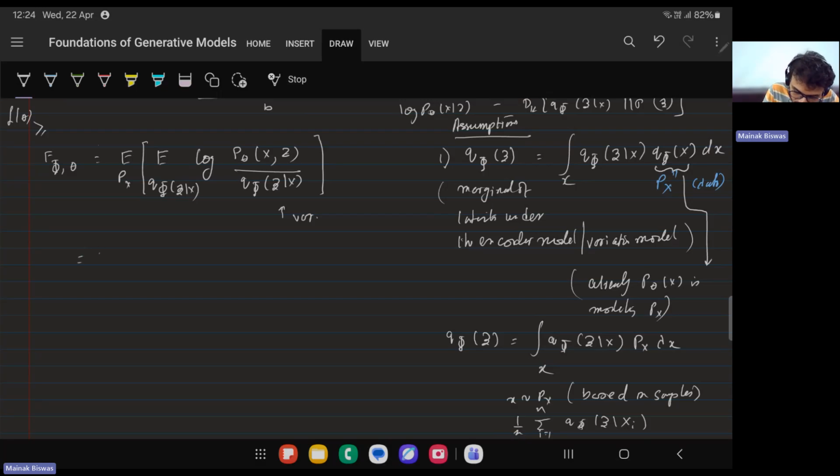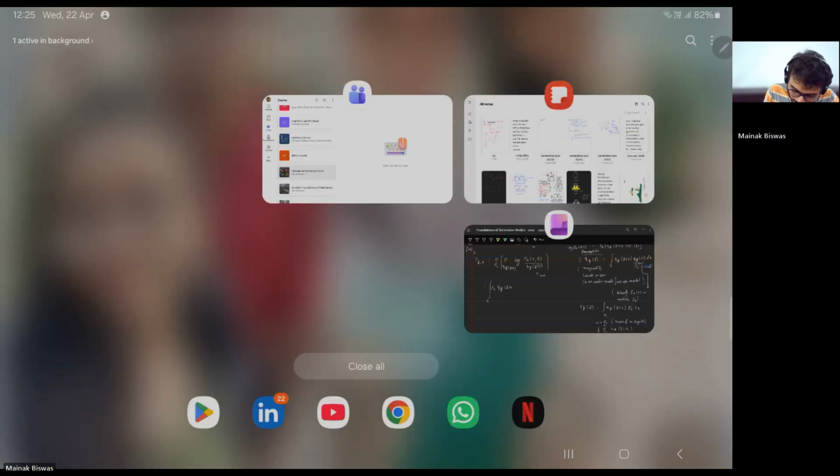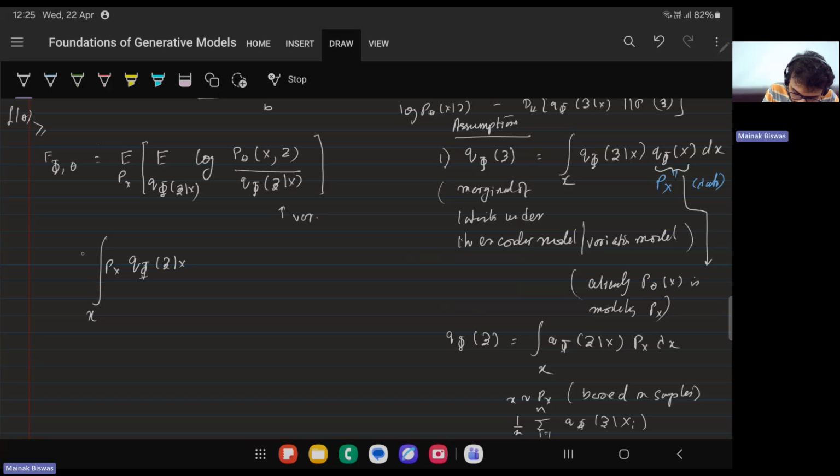So we want this to be the expected value under p of x of q phi of, so let us first write down the double integral over here. This is p of x, q phi of z given x. I'm just writing both the integrals down. This is over x, this is over z.